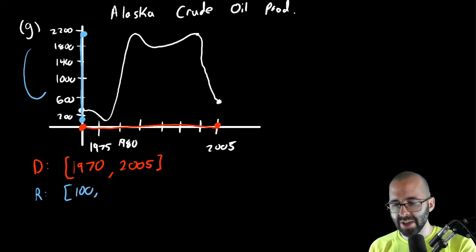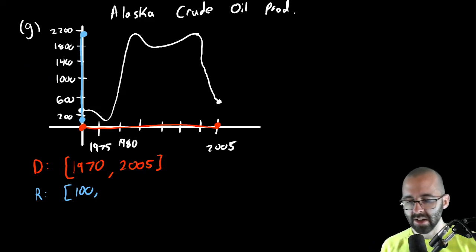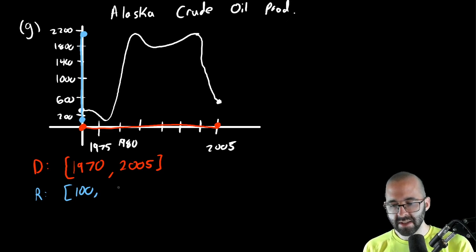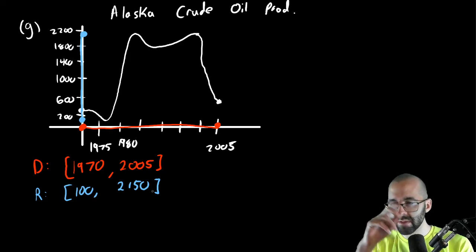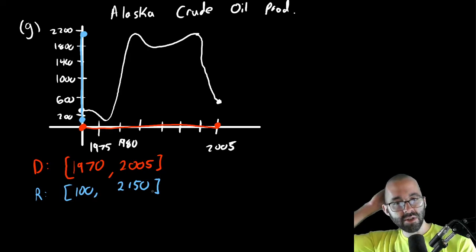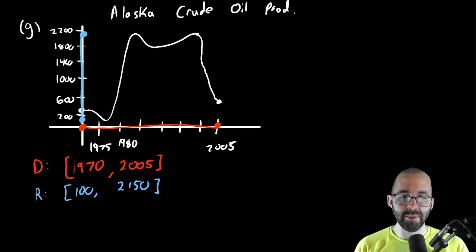Oh, I forgot my units here. Thousands of gallons? I don't know. And then the biggest it's ever going to get is, I don't know, maybe that's 2150. You kind of have to estimate. Guess based on the graph. Okay. But you can also find domain and range for application problems. Good luck. Let me know if you have questions.